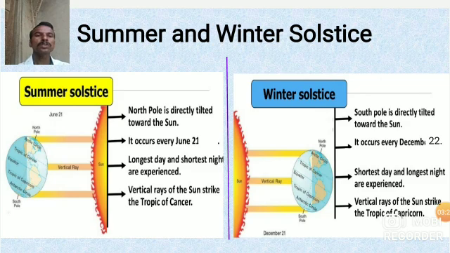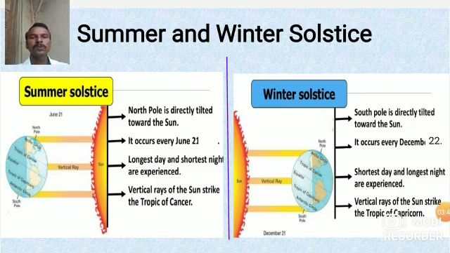And in the winter solstice, the vertical rays fall on the Tropic of Capricorn, meaning the South Pole is tilted toward the sun in the winter solstice, and in summer solstice the North Pole is tilted toward the sun.